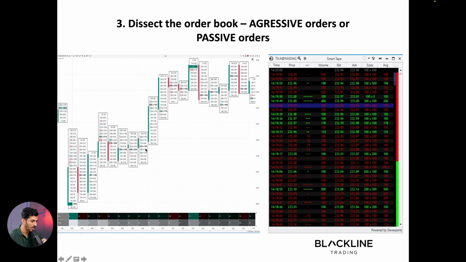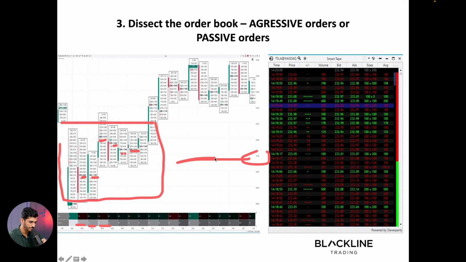But at the same time, those orders are not aggressive enough for the price to break out. But if you look at the volume, those orders are heavy. If you look at the numbers, those orders are heavy. These are passive orders that are being filled right here. These folks, they are getting filled at these prices, right?